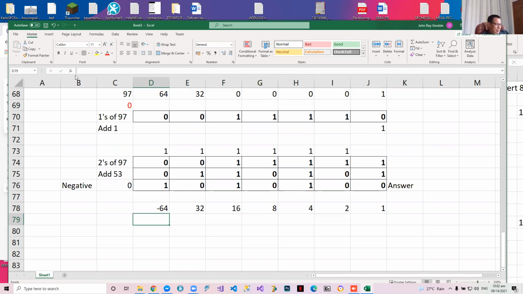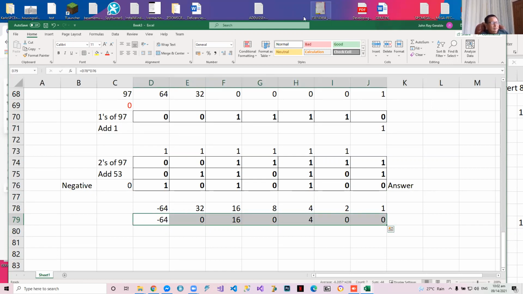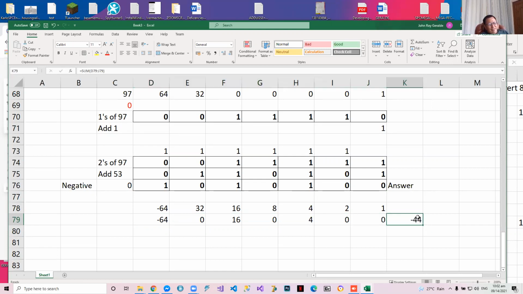So equals this times that. You follow? Then we'll just sum this. It's negative 44, which means this number here represents negative 44. Okay? Any questions?